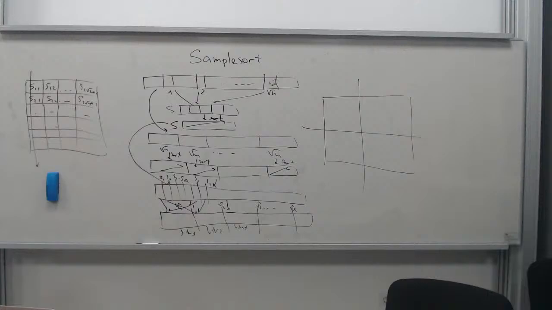And then when you go recursively very far down, and the size of the array is 1,000, you just call std sort, and it will be very fast, and everything should be fine.